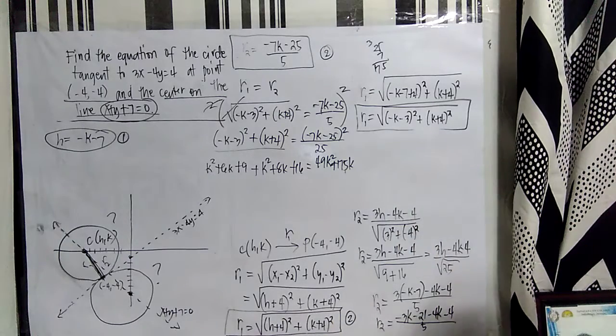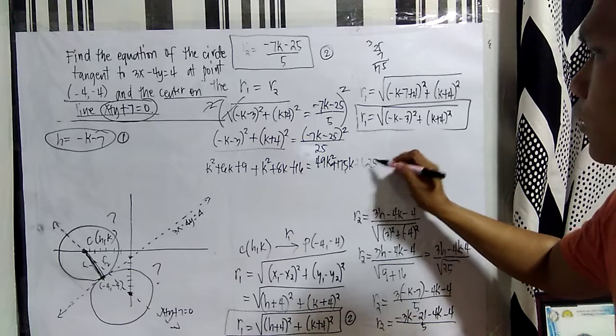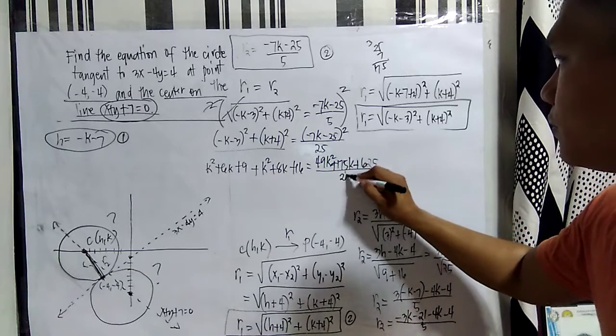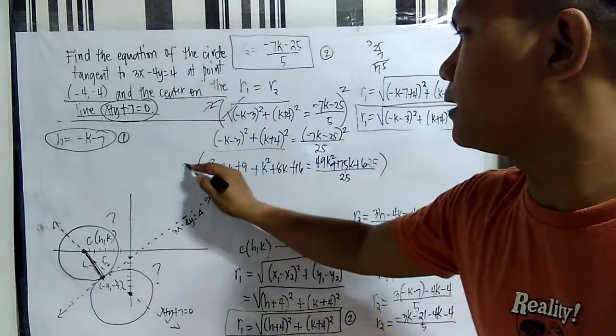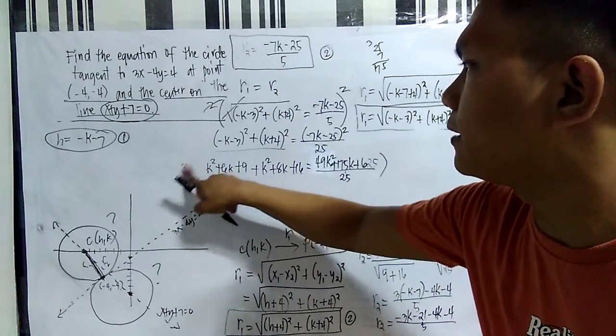And then we also have negative 25 square, 625 all over 25. So let us multiply both sides by 25. Before we multiply, let us simplify first.